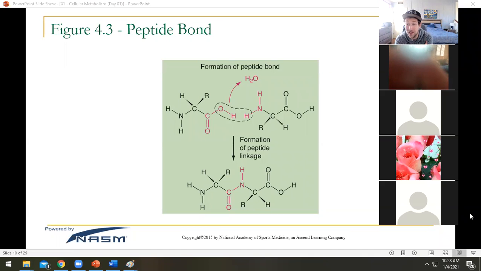Hey, Noel, you have a question. So a peptide bond is when two come together and it heals. Yeah, you can think of it as healing, but it's also that all proteins are held together with a slightly more complex bond than carbohydrates. Carbohydrates are held together pretty weakly. Proteins are held together really strong.